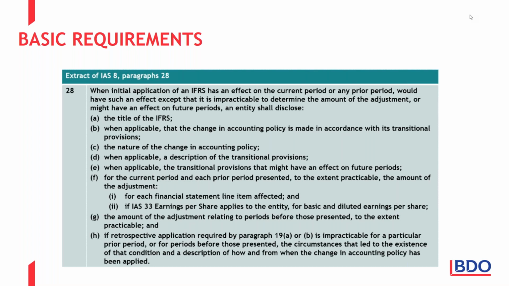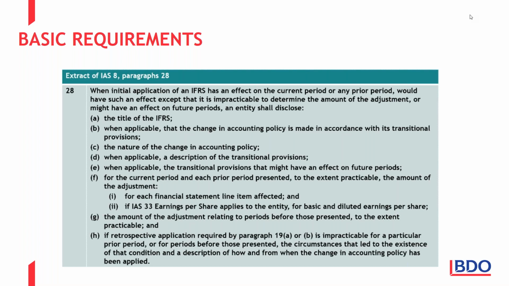But that does then leave you with the requirement to explain the fact that your comparatives aren't comparable, which means in your disclosures you need to explain that and show the user how the numbers in the current year aren't comparable to the prior year, and essentially give enough information so the user can actually do that comparison themselves if they want to.